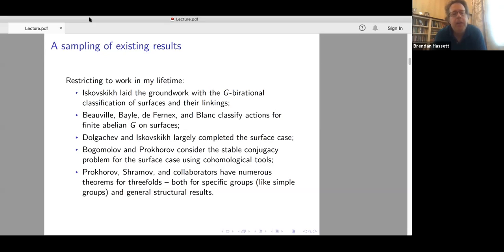There's been some interesting work by Bogomolov and Prokhorov on the stable conjugacy problem. So you can have G embedded in the Cremona group in dimension n, but when you pass to a higher dimensional Cremona group, they become conjugate even though they were not conjugate in smaller dimensions. And so this is an interesting problem, the stable conjugacy problem, something I'm not going to talk very much about today.